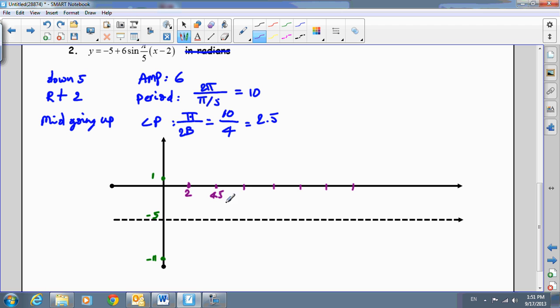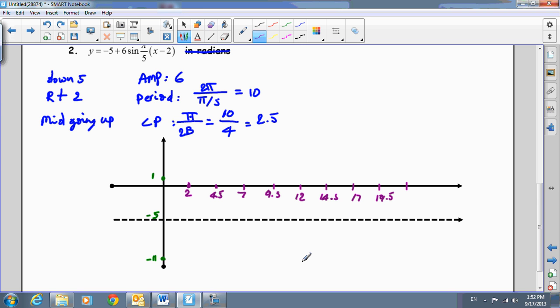So 2, 4.5, 7, 9.5, 12, 14.5, and I have 17. Let's go ahead and put a few more all the way till 19.5.